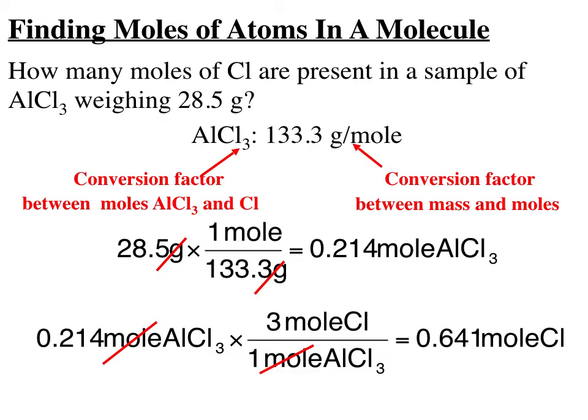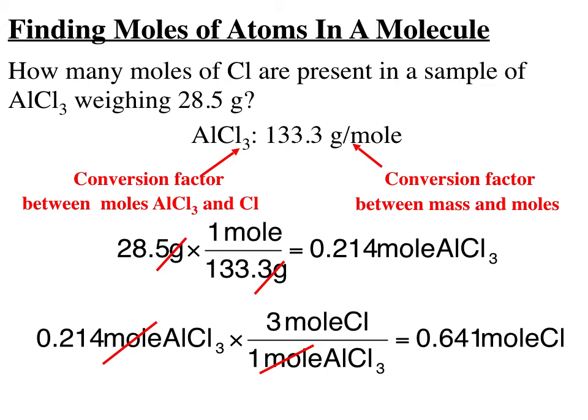Look at how to find the number of moles of a particular atom in a given molecule. So let's suppose we weigh out 28.5 grams of AlCl3. And the question you are posed is how many moles of Cl are present in this sample?